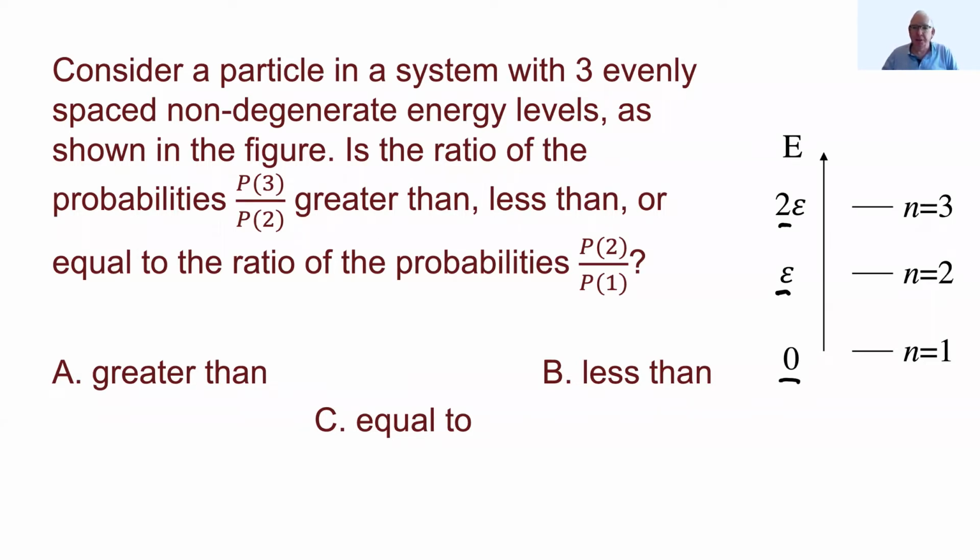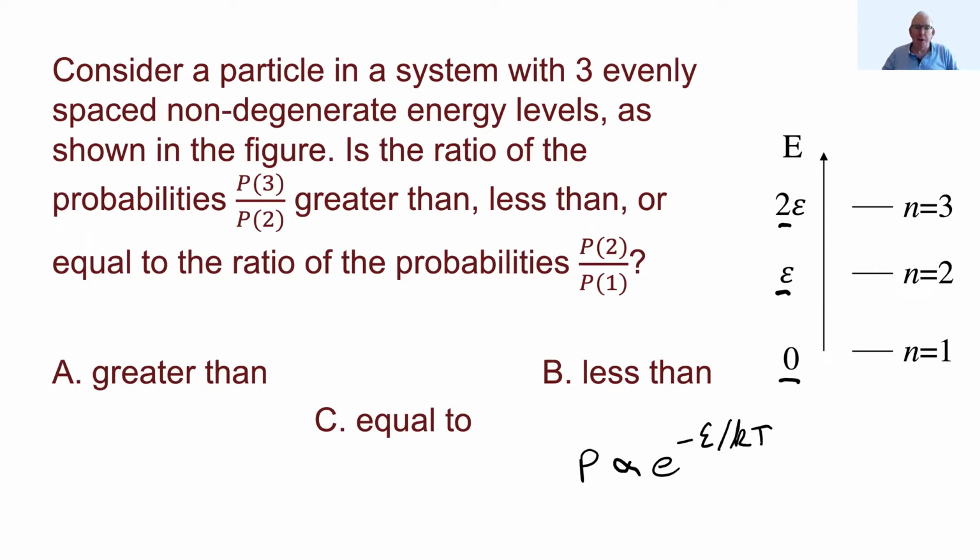To address this, you should think about what that ratio depends on, right? Each probability is proportional to e to the minus the energy over kT, let's say, right? Where that's just the energy for whichever state I'm talking about, right?